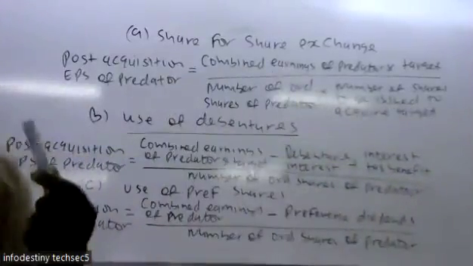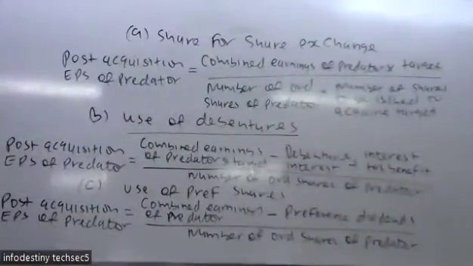So we have those three key ways of financing. We can use share-for-share exchange, we can use debentures, or we can issue preference shares. So it goes by what will be necessary to be applied when it comes to mergers or acquisitions. So that's the first part. Let us now also have a brief subtopic on exchange ratio.